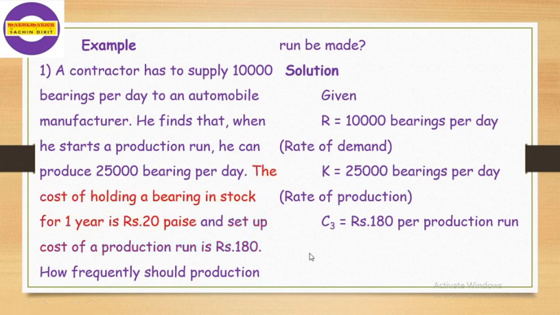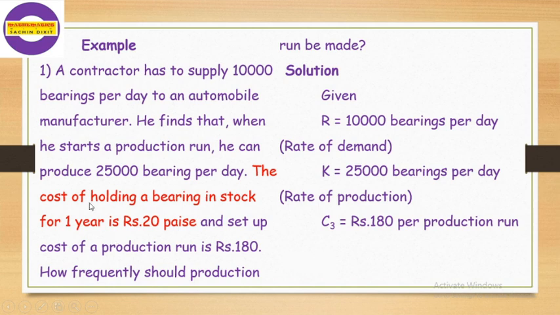Then we have to find out C1, and for that we have a statement in the example: the cost of holding a bearing in stock for 1 year is rupees 20 paisa. The rate of production and rate of demand are per day, and this cost is per year.